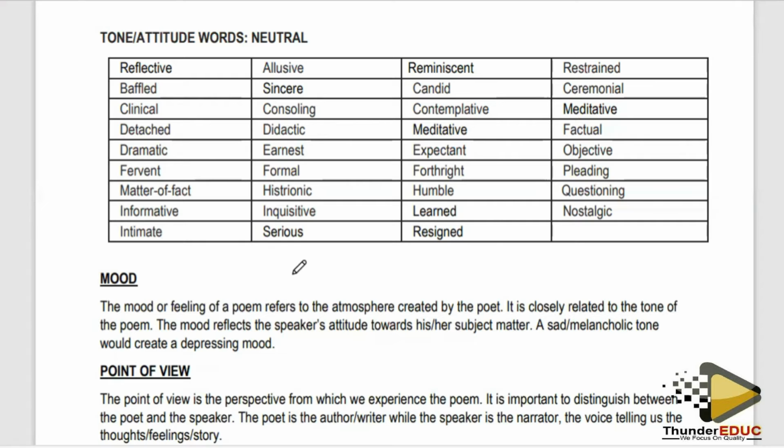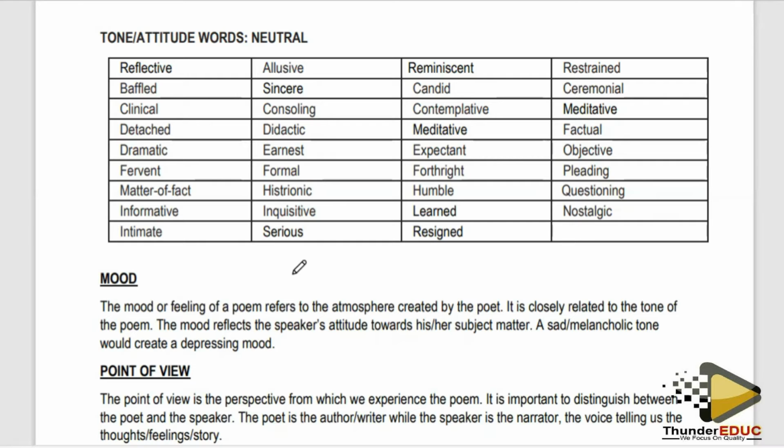The mood or feeling of a poem refers to the atmosphere created by the poem. When we say mood, usually when you're at a 21st birthday party, the mood is happy, celebratory, because the person is coming into a new age. But when you're at a funeral, the mood is different. That's what we mean. There is sadness.